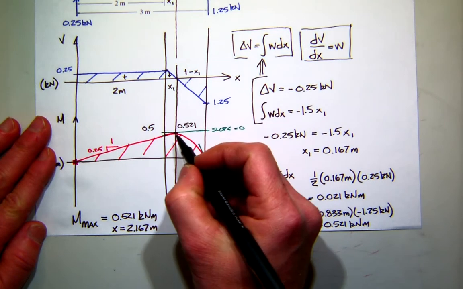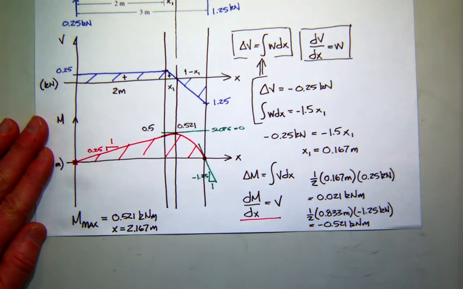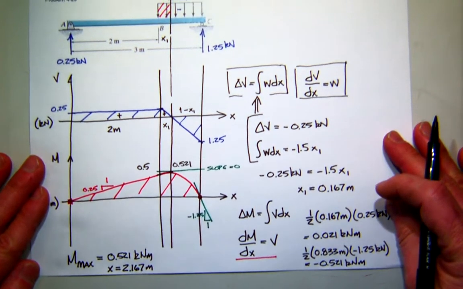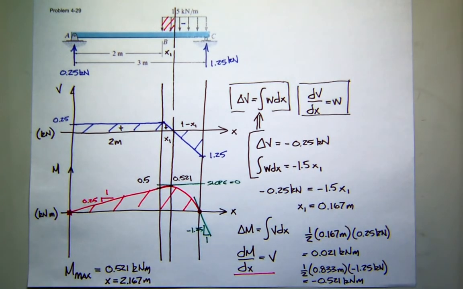Right? At this point right there, which would be the 2 plus our little difference. Any questions about that? This is a very testable type problem. I think this is very doable in the 15-minute window.